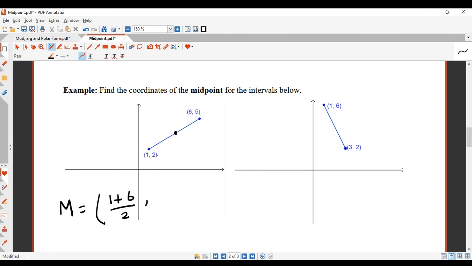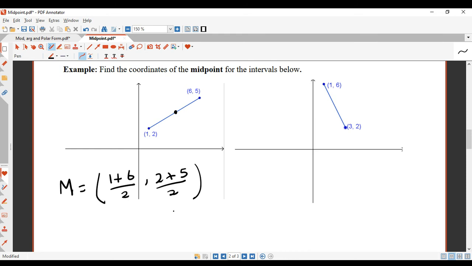And then I'll get the y coordinates, 2 and 5, add those together because I'm finding the average, divide by 2. So 1 plus 6 is 7. You could leave that as 7 over 2, or you could write it as 3.5, and this is also 7 over 2. They won't always be the same number.